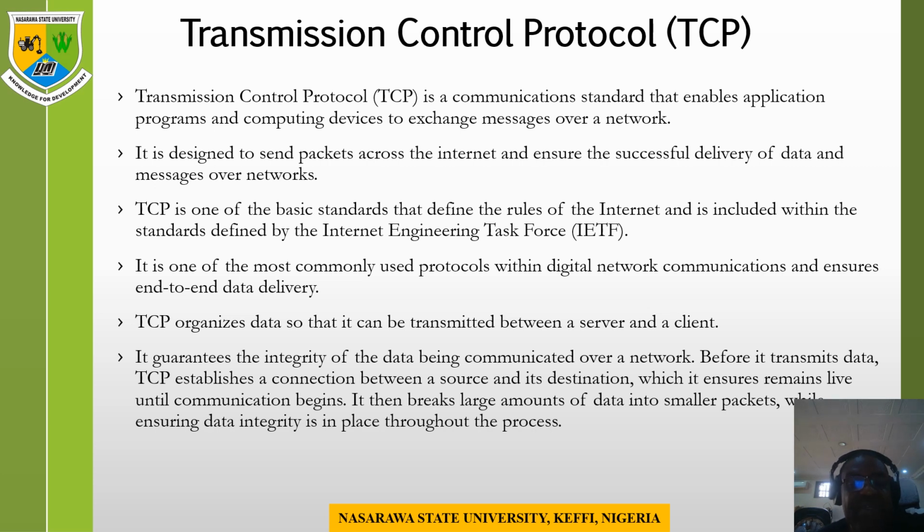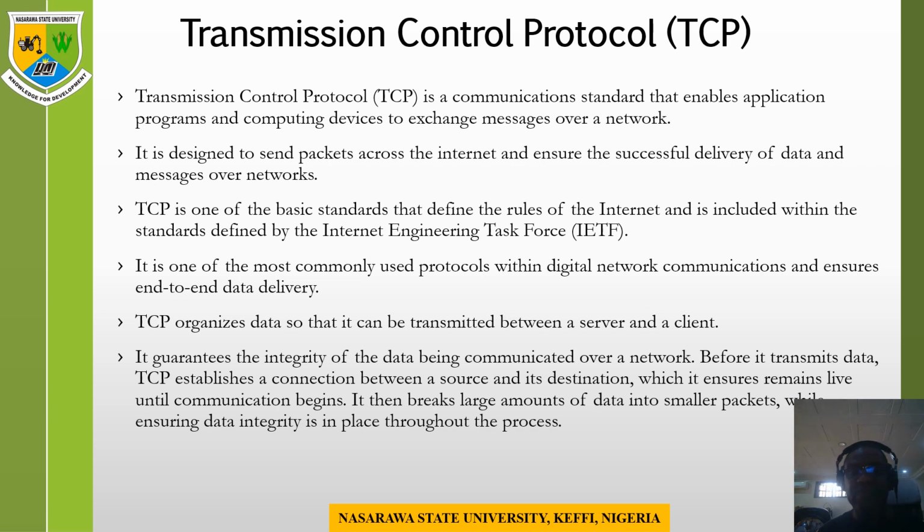The TCP organizes data so that it can be transmitted between server and client. It guarantees the integrity of the data being communicated over a network. Before it transmits data, TCP enables a connection between a source and its destination.